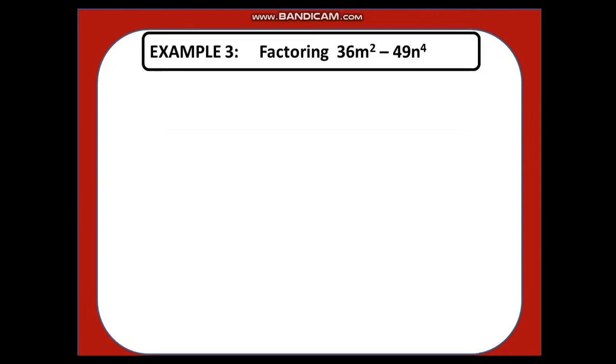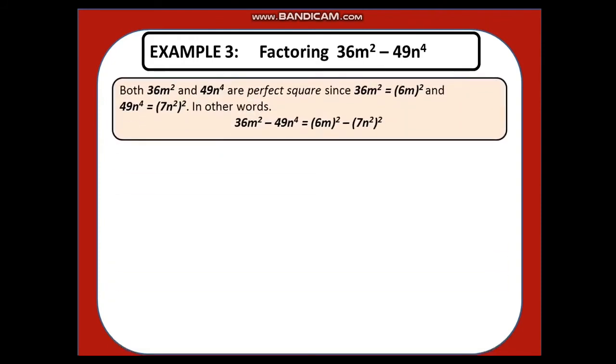Okay, last one. Example 3. Let us factor 36m squared minus 49n to the 4th power. 36m squared and 49n to the 4th are perfect squares, since the factor of 36m squared is 6m times 6m and the factor of 49n to the 4th power is 7n squared multiplied by 7n squared.